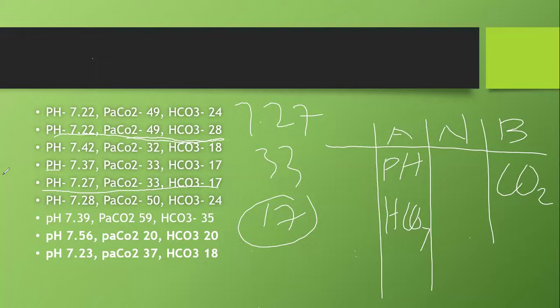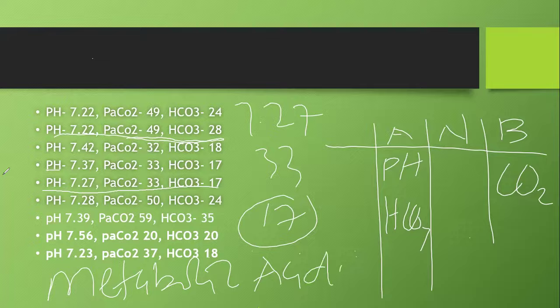If it is bicarbonate, what do we start from? Metabolic. Now we know that it is acid, so you bring your acidosis. Then you look at the carbon dioxide.